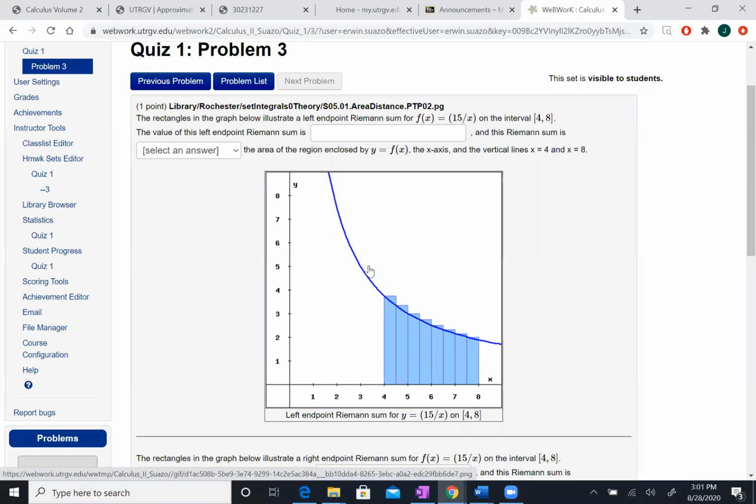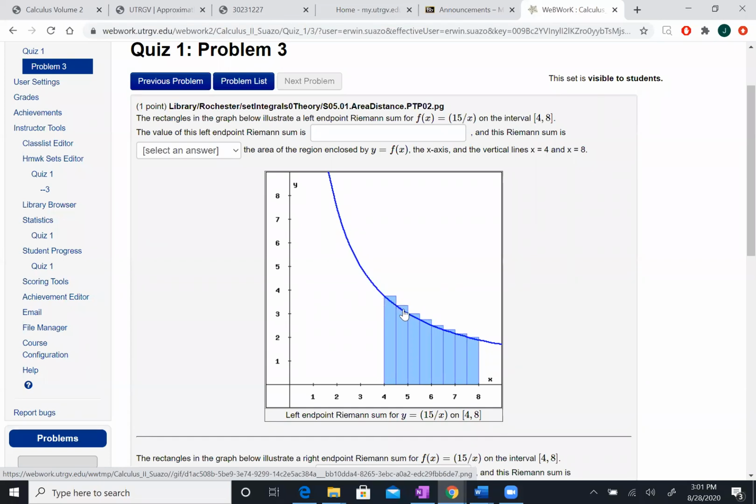So first, what are you doing? You guys can tell me. Is this one left hand or right hand? Right hand sum, what do you think? Left. Oh, it even says here, right? The left endpoint. So we start at 4, then 4.5, then 5, then 5.5, and so we start on the left, right?